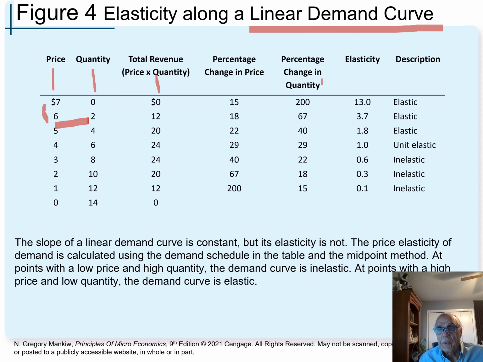This column here is the percentage change in quantity from here to here, 200% divided by 15%, a very elastic demand curve when the price is high and quantity is low. Then when we get to the bottom, it would be very inelastic. Okay, check this table here.